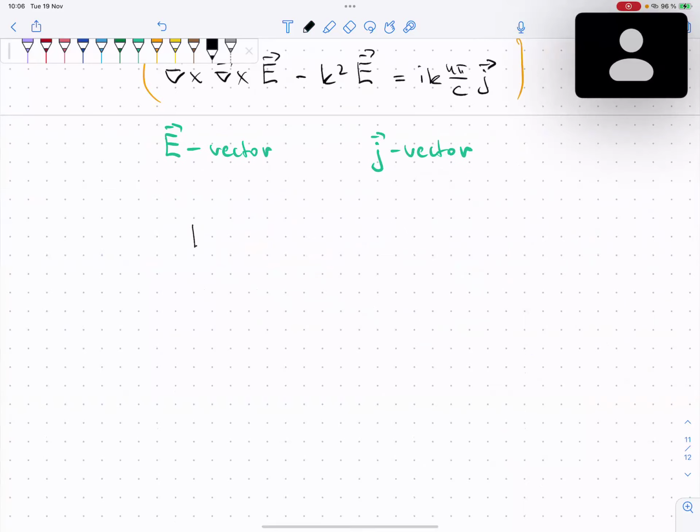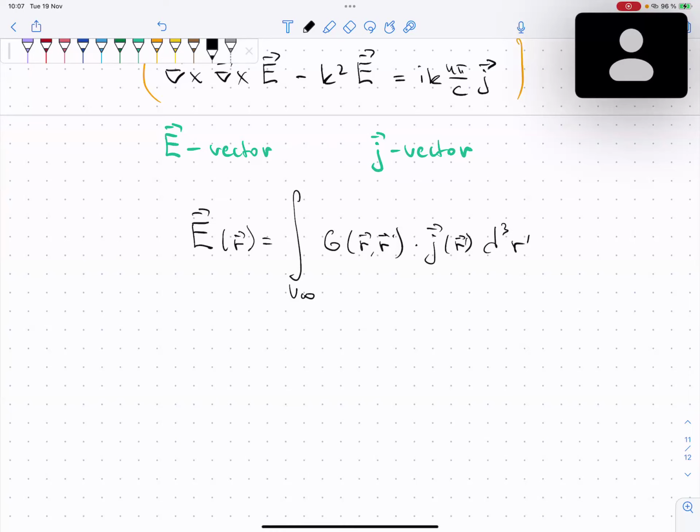So if we have the Green function in this case, we need something like this: the electric field of r should be equal to the integral over all three-dimensional space, V infinity, let me call it like this, of something of r and r prime multiplied by the current of r prime d3r prime, integrated from minus infinity to plus infinity.